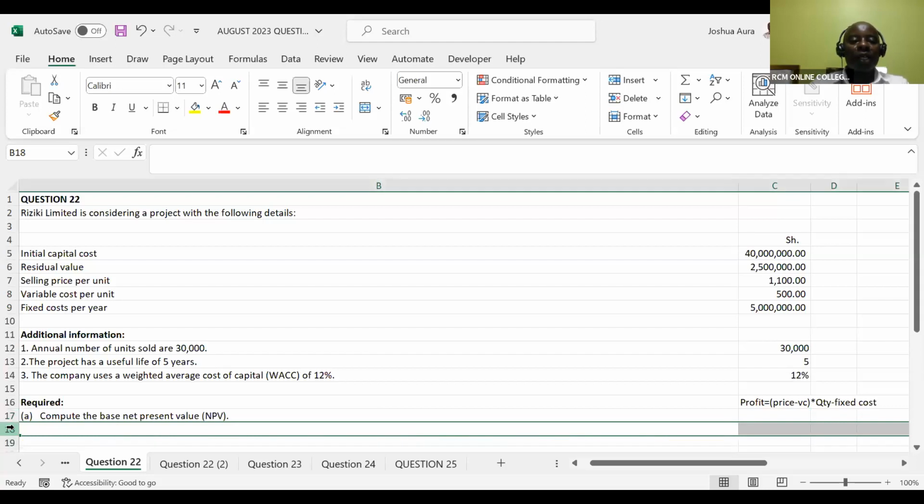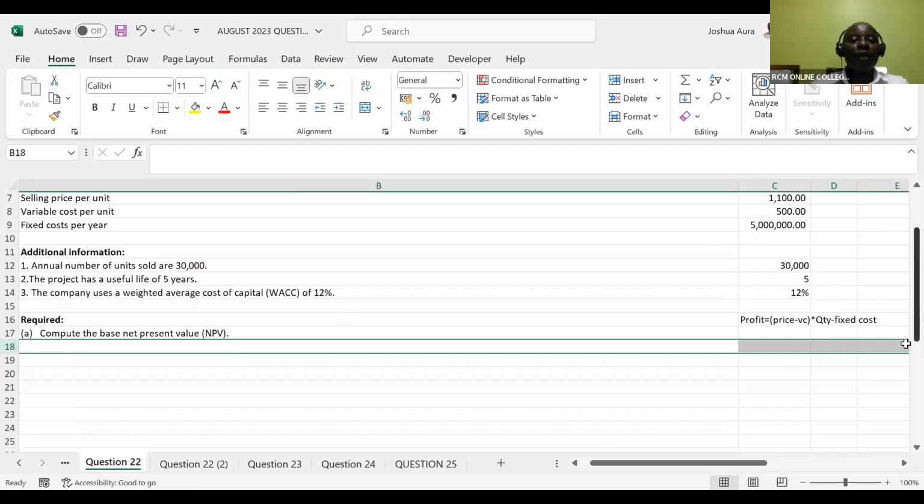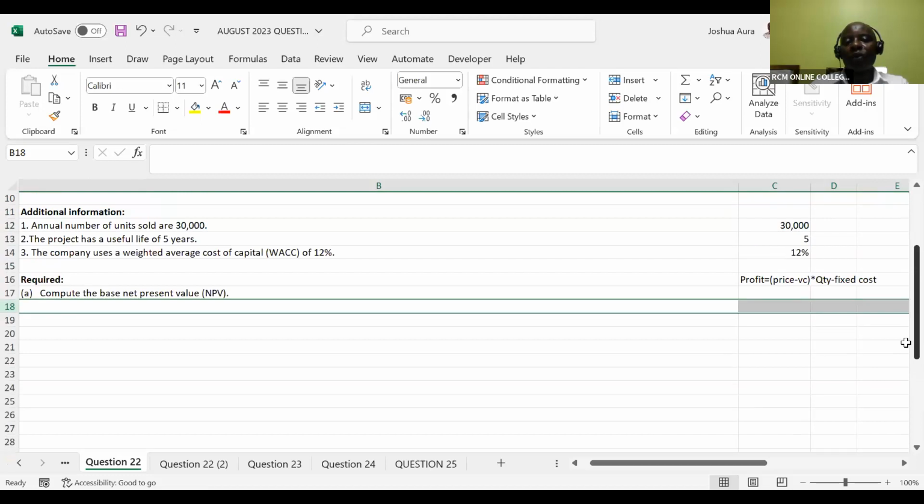So what I need to do, I can add like 10 rows in between here. I hope we know the shortcut of adding a row.